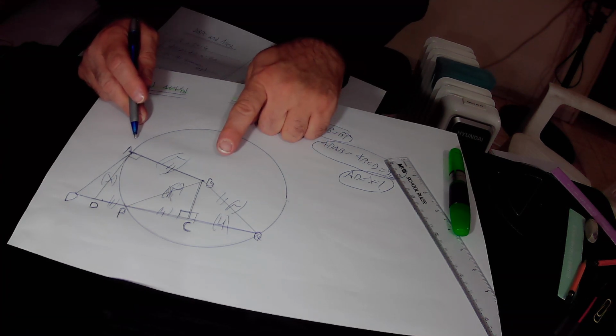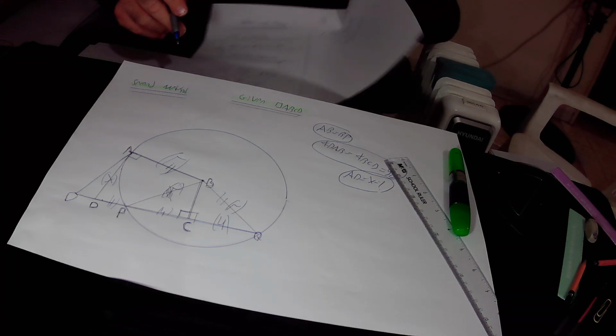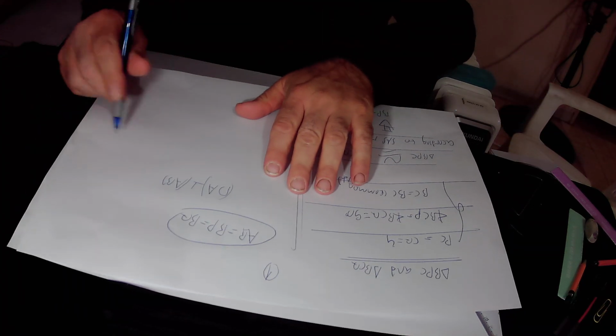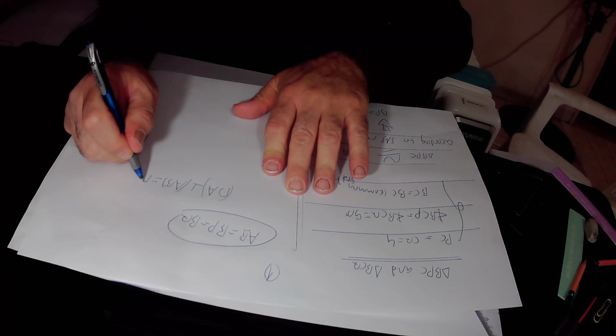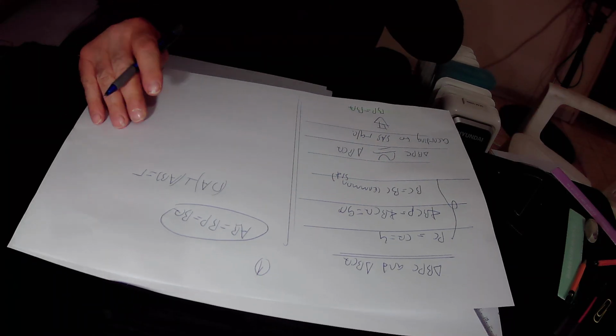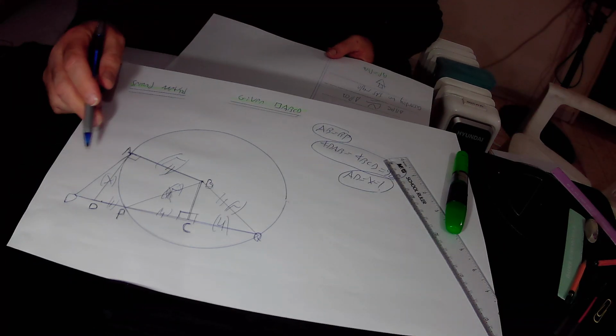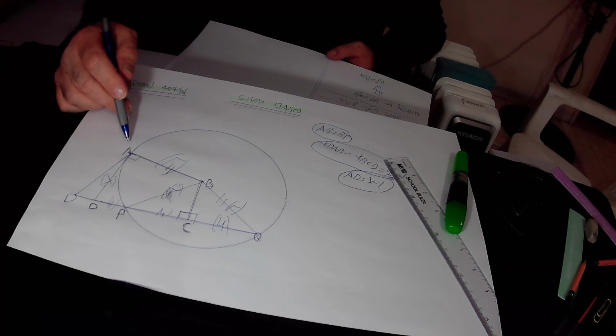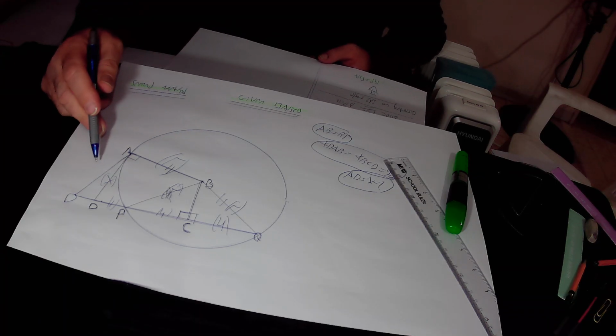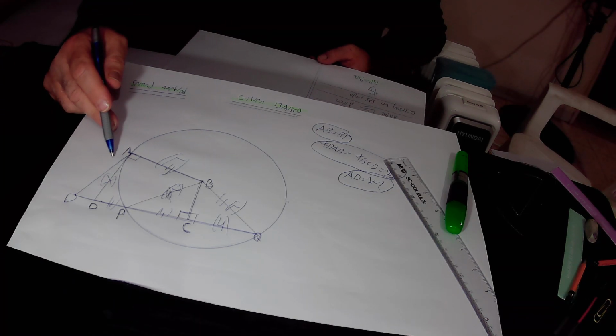So we can write down that AB equals R, it is the radius of this circle. And because DA is perpendicular to the radius AB, DA must be a tangent to this circle at point A.